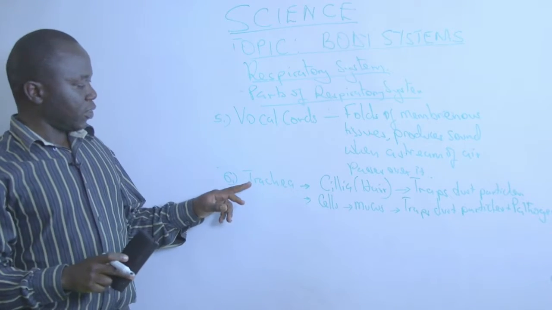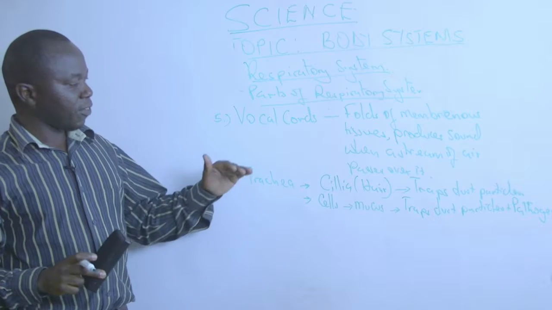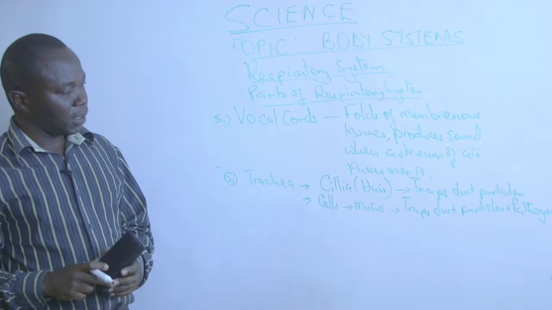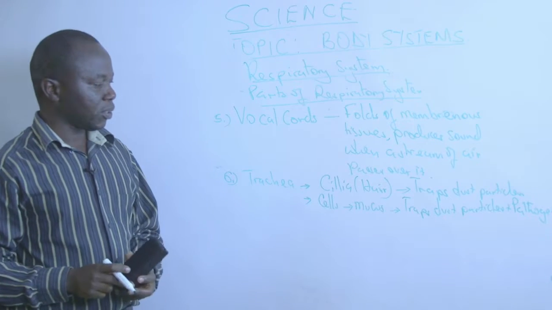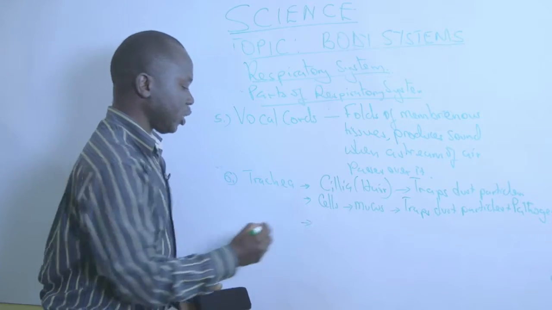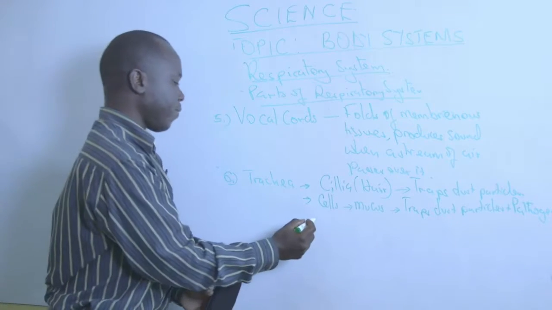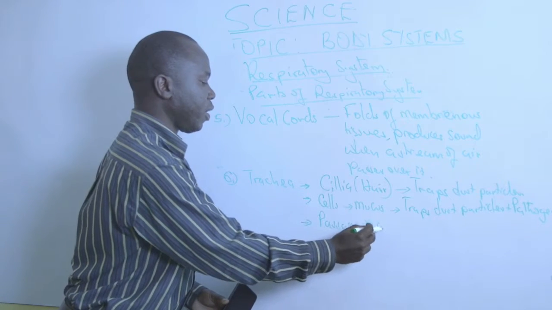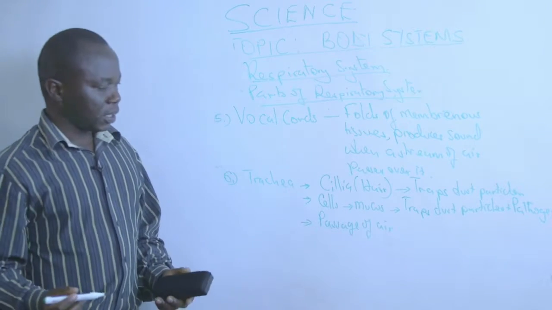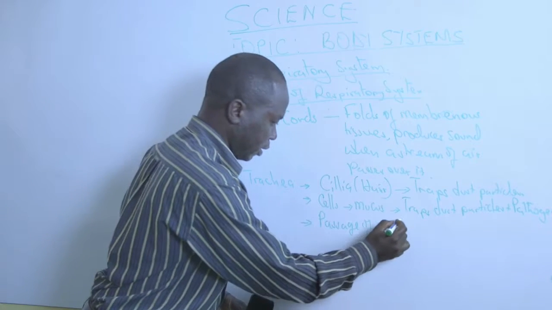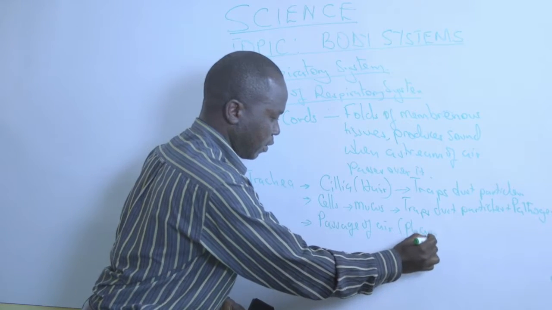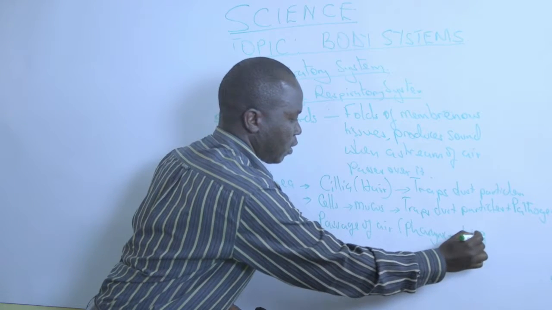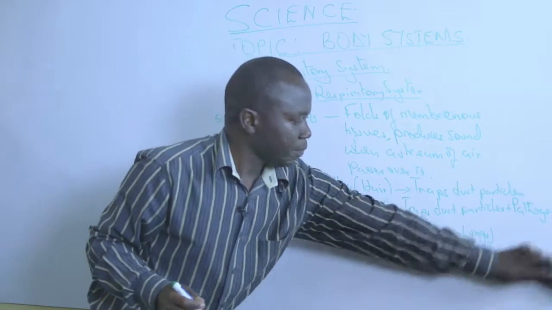So the role of the trachea, apart from protecting the respiratory system from invasion by microorganisms and entry of dust particles, is also to allow passage of air from the pharynx to the lungs.